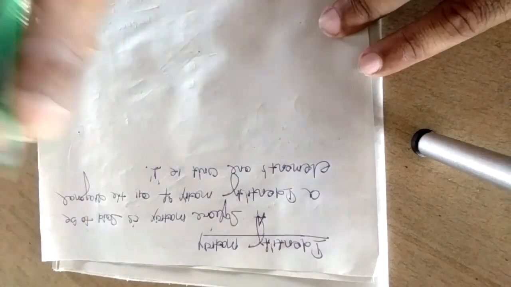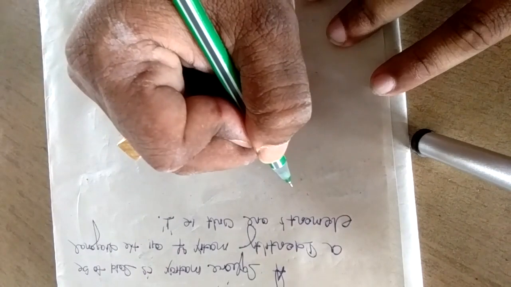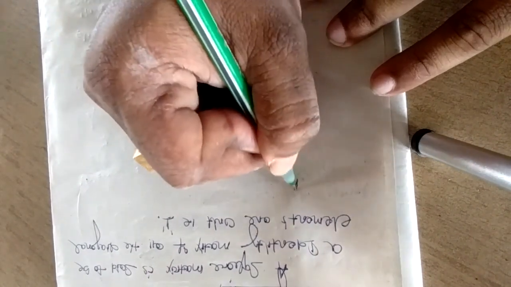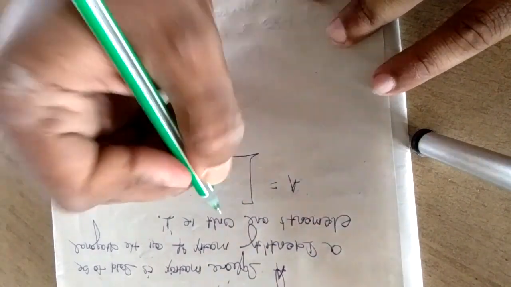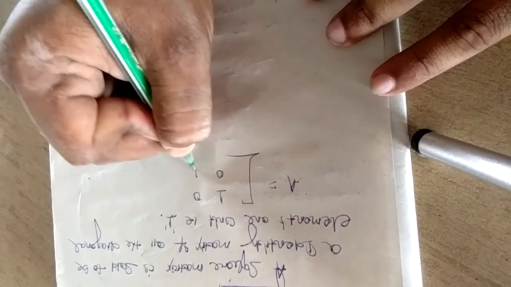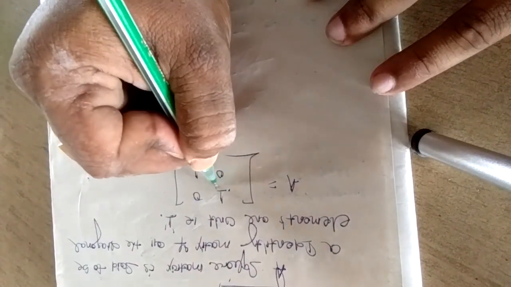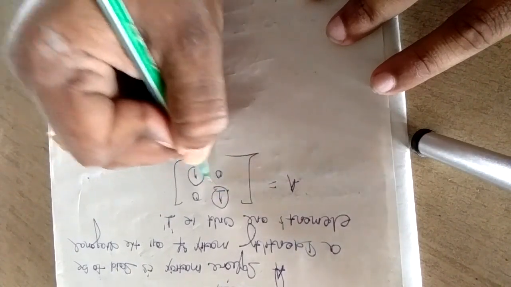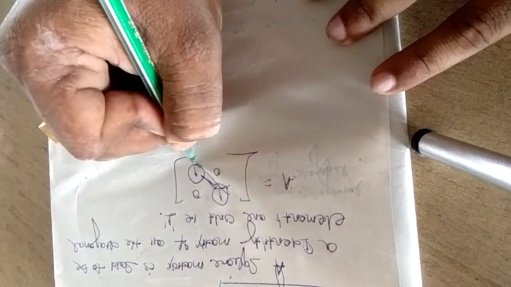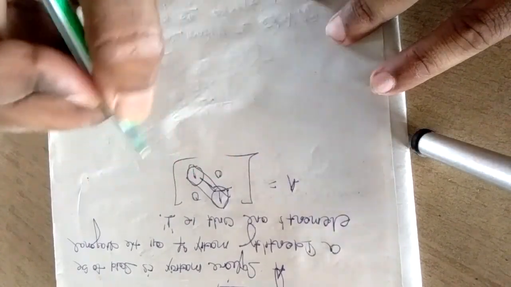So this matrix is the identity matrix, that is A matrix equal to 1 0 0 1. This is an example of a unit matrix, the diagonal place is 1.